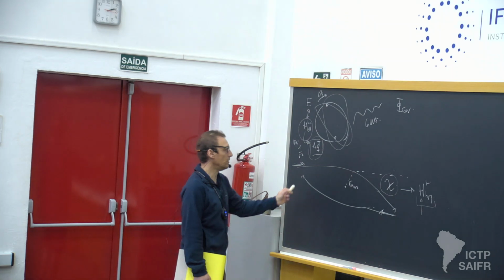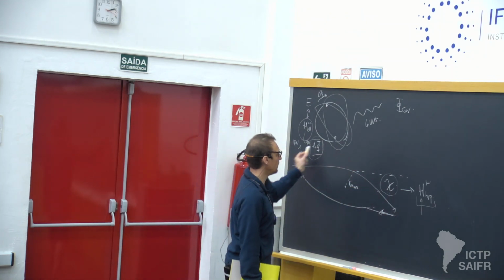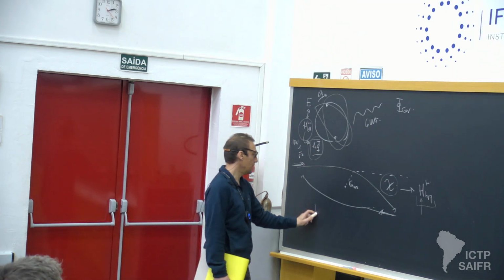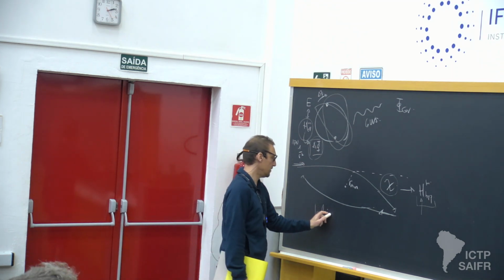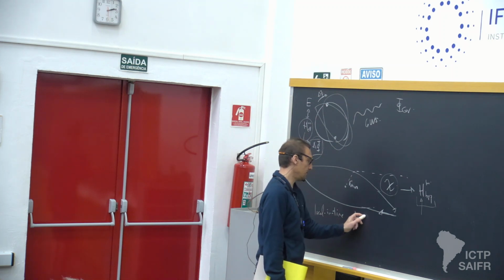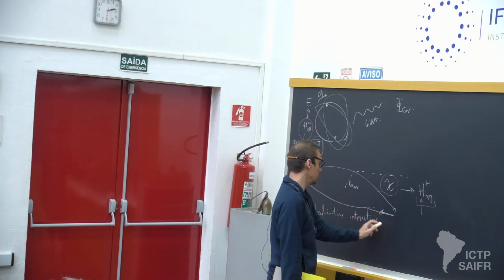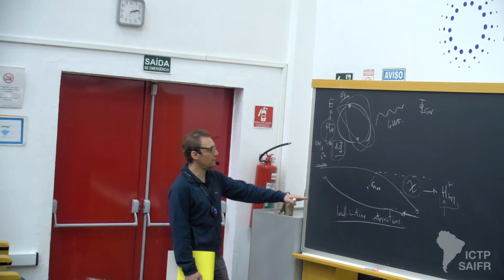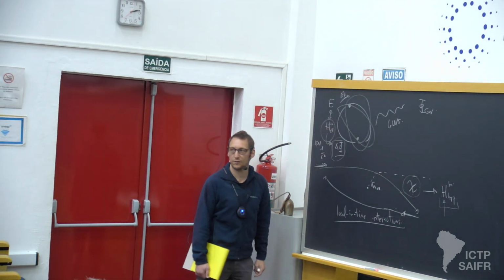In particular, all the observables of these problems can be mapped into observables of those problems as long as we have local in time interactions. So all the local in time interactions are universal, and can be mapped into one another. So if I solve this problem, I automatically solve this problem.